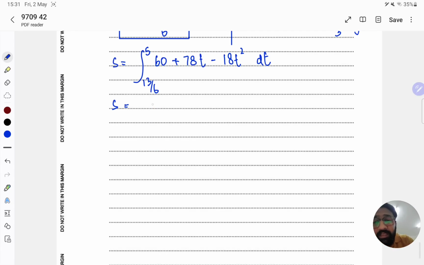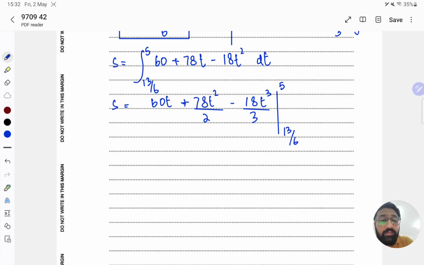So if I do the integration, it will be 60t plus 78 t square divided by 2 minus 18 t power 3 divided by 3, and the limits are from 13 by 6 to 5. If I substitute 5 first, it is 60 times 5 plus 78 by 2, which is 39, times 5 square, minus 6 times 5 cube.